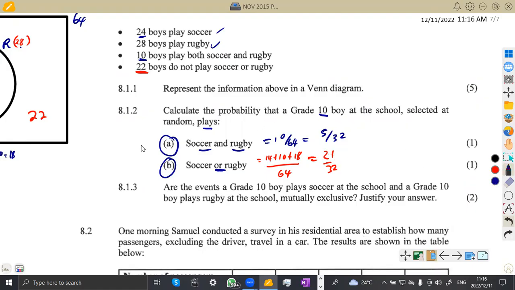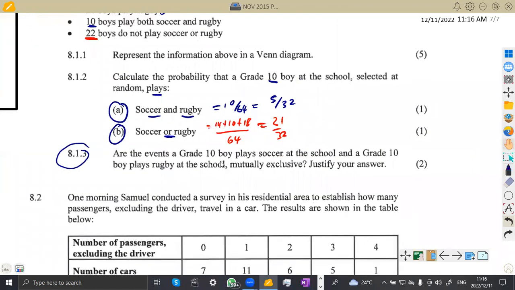All right, on 8.1.3, we are given the events: a grade 10 boy plays soccer at the school and a grade 10 boy plays rugby at the school. Are they mutually exclusive? Justify your answer. Are they mutually exclusive? No, guys, they are not, because there is an intersection.